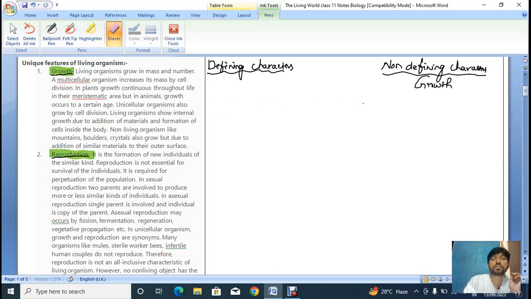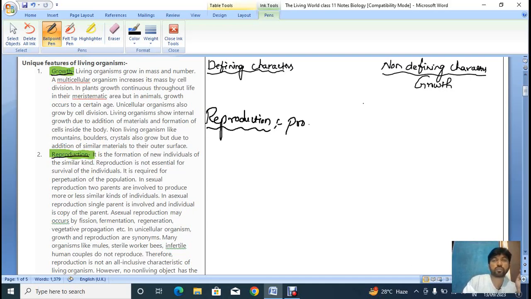Then let us start with another character. Let us start with the reproduction. Okay, let us understand whether this character, reproduction, will be a defining character of a living organism or not. What is the definition of reproduction?